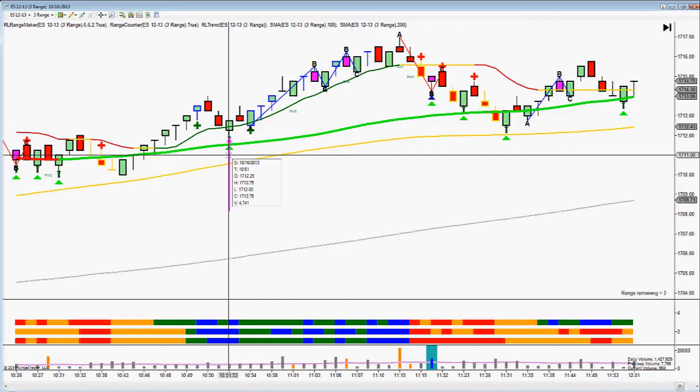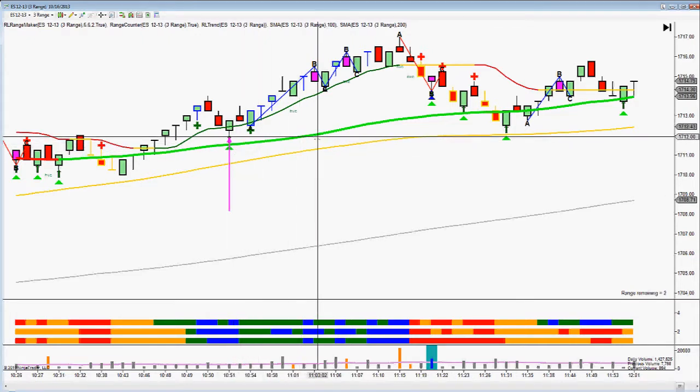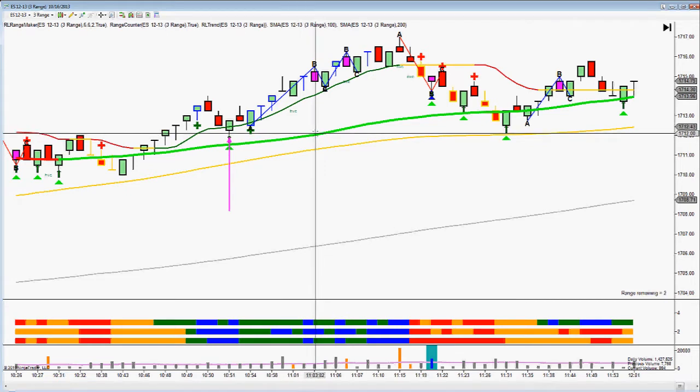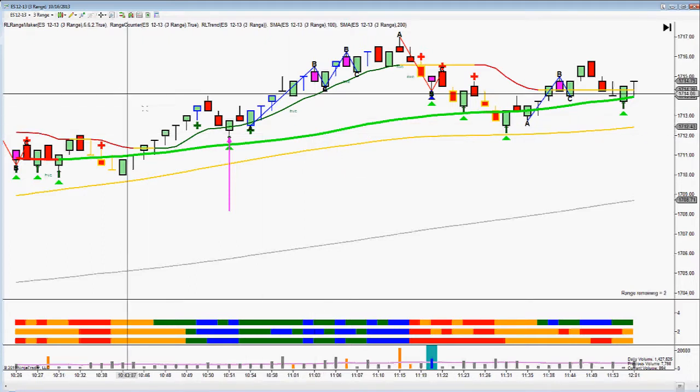We begin at 1713, and the high of the move here is 1715.50. So this is 2.5 points.